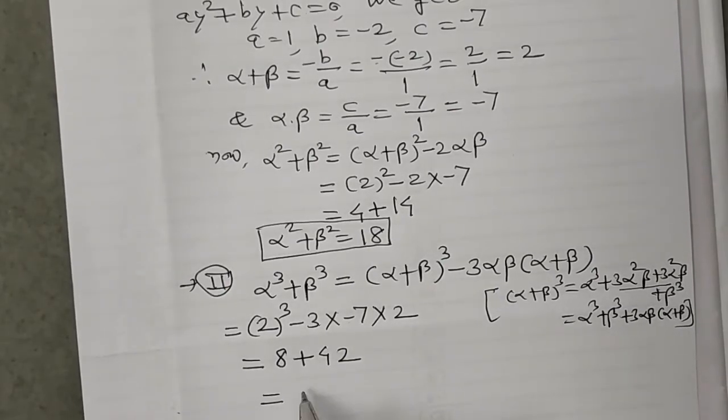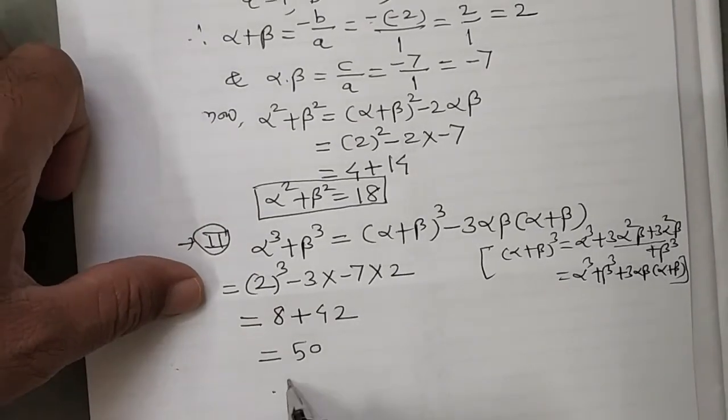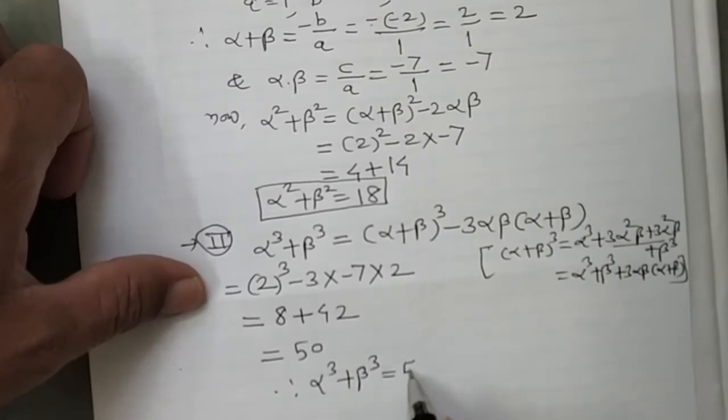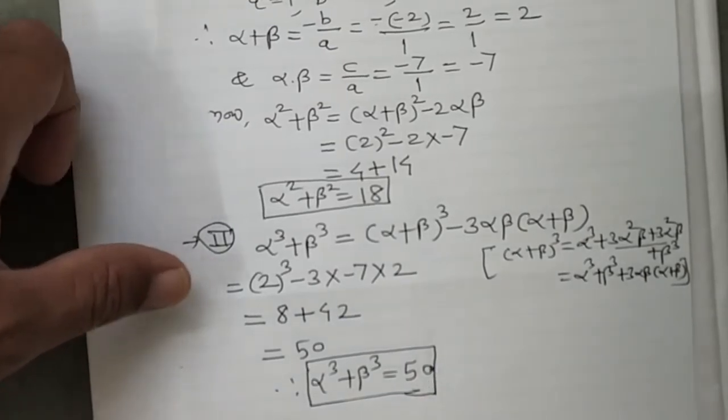Therefore it is equal to 50. Therefore the value of alpha cube plus beta cube is equal to 50. This is the answer of the second.